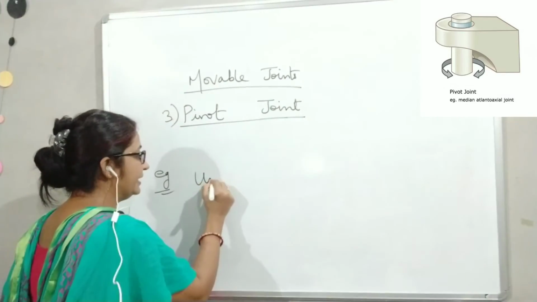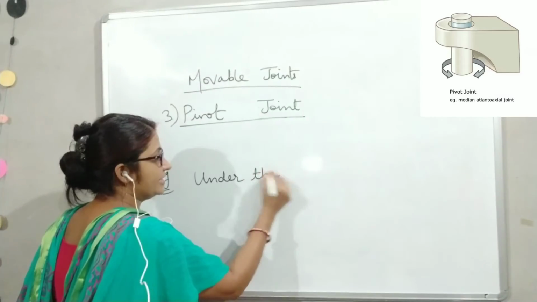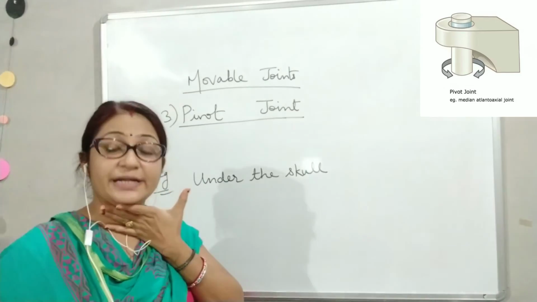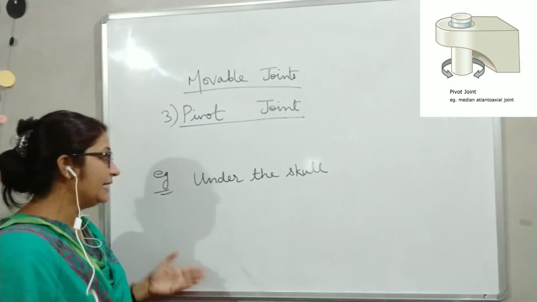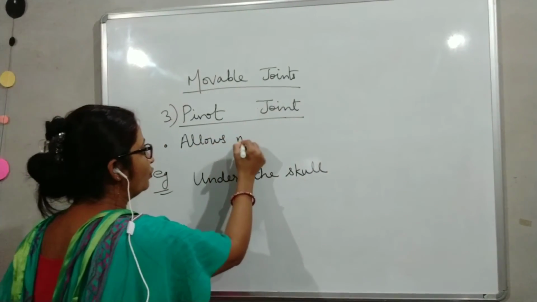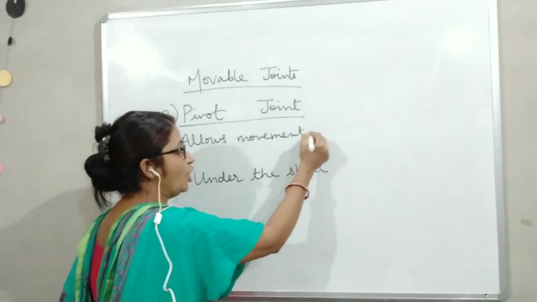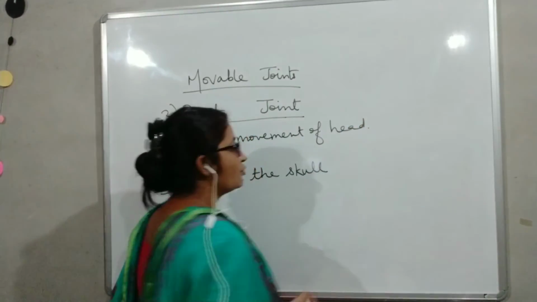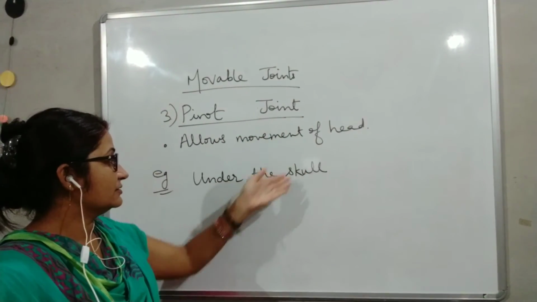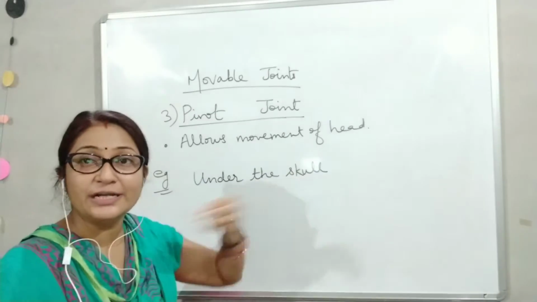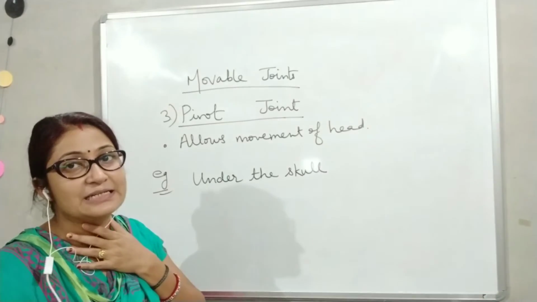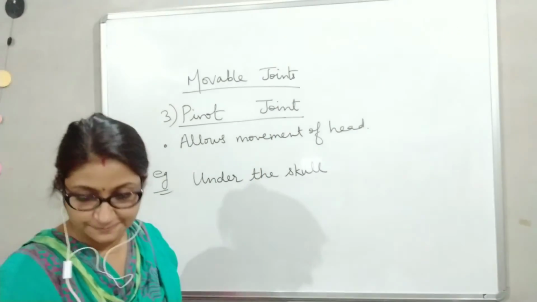It is found just under the skull, and it allows movement of the head. Like you can move like this, you can move like this. So which joint is present here? That is the pivot joint. You can also see it in the image.